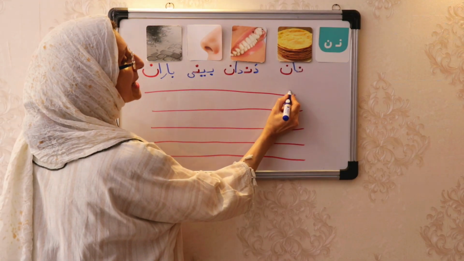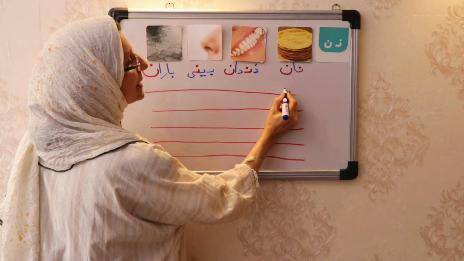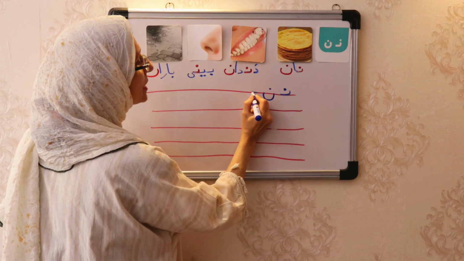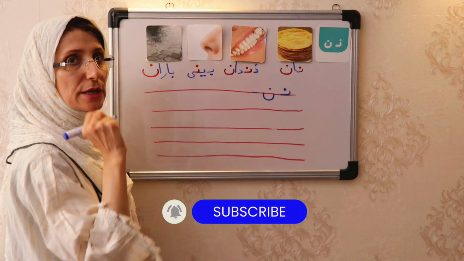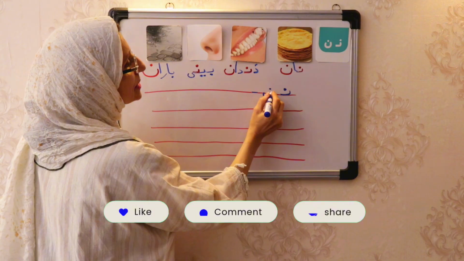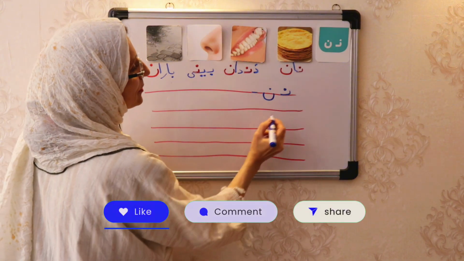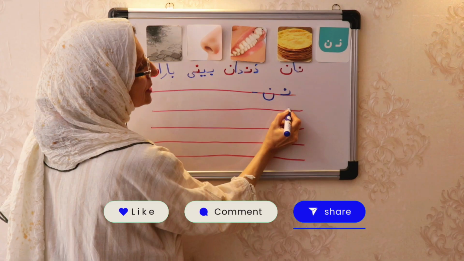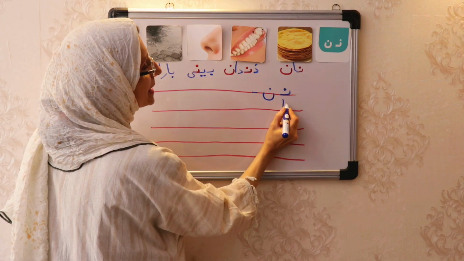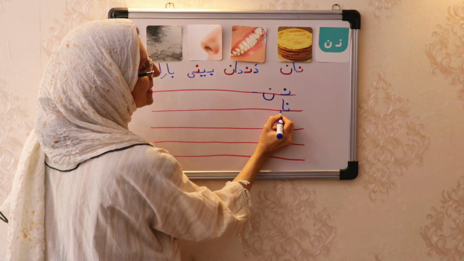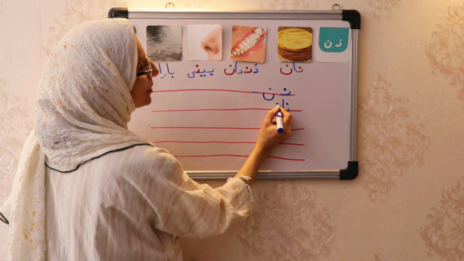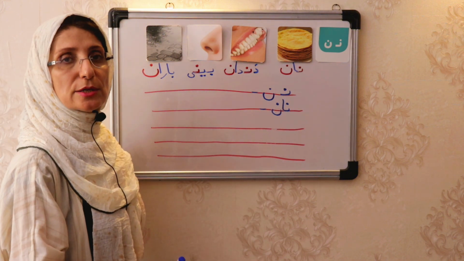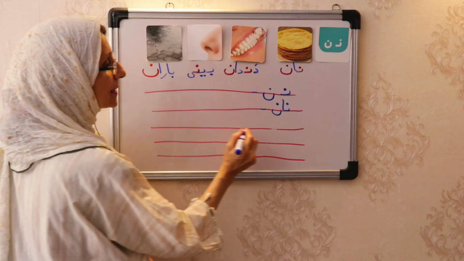Write نه اول, نه آخر. As I told you, when you are writing your homework, read aloud. نه اول, نه آخر, and none. Ne a n, none. And the word nam.